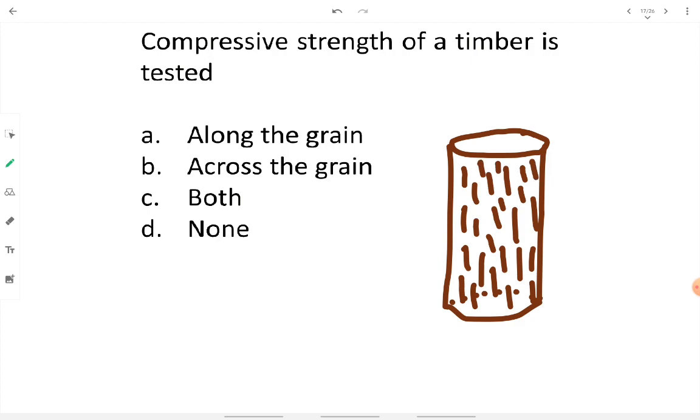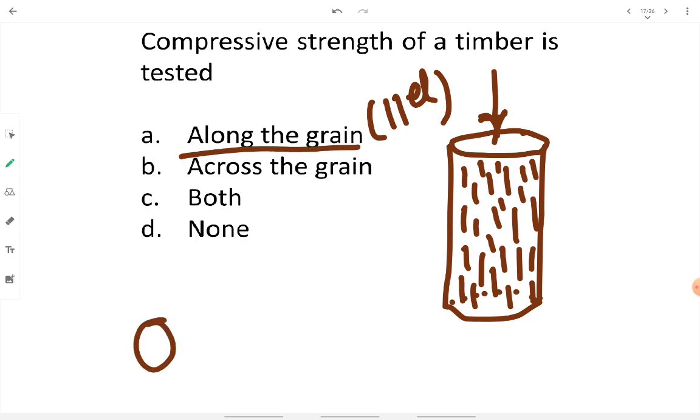When we say along the grain, we are talking about testing it along the parallel axis toward the grain, means testing it like this. Okay, this is the along the grain compression test. Then the across the grain compression test will be performed like this.